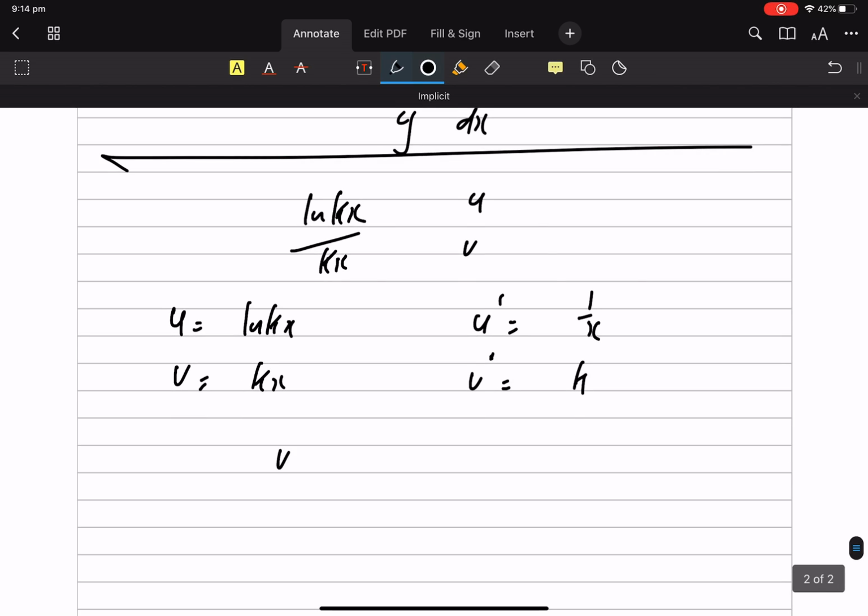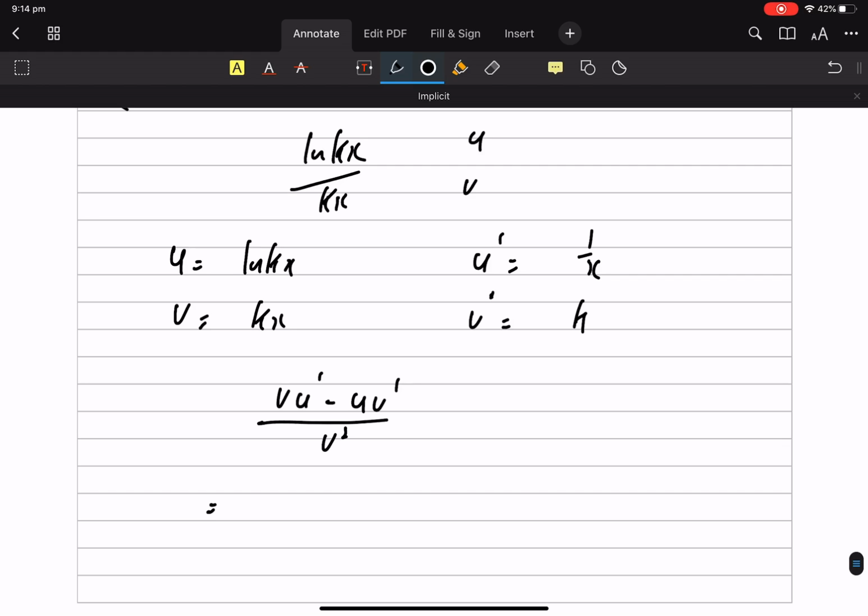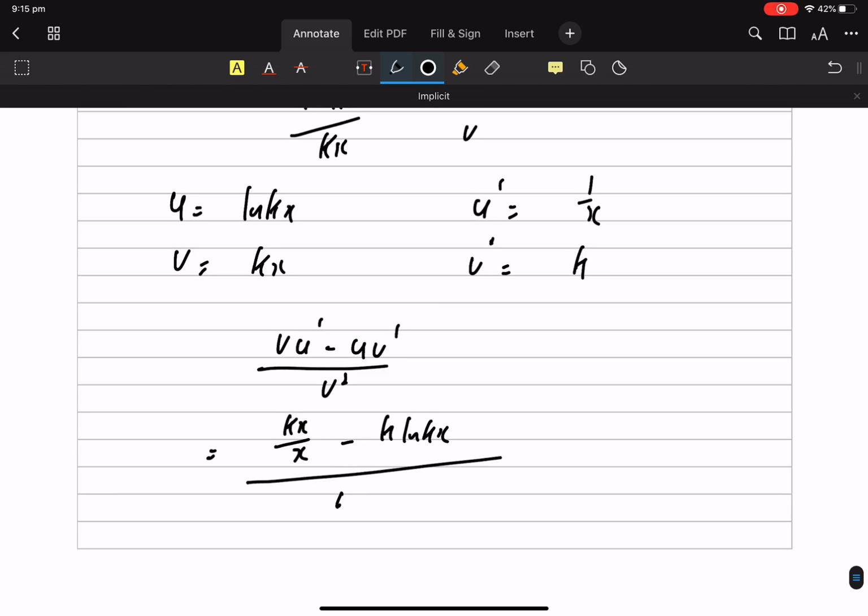Okay, v u dash minus u v dash on v squared. You'll notice that I'm not going to my formula sheet. You just need to know it really. V is kx, and u dash is 1 on x. U, and there's a k there, all on k squared x squared.